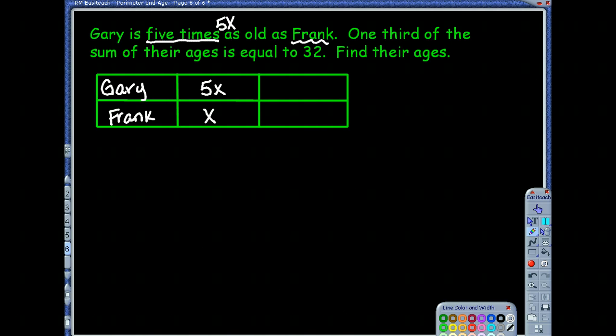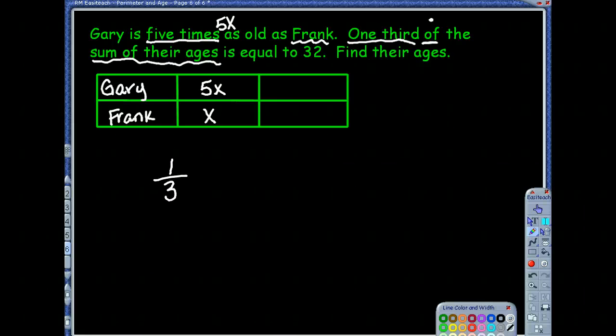Now the next sentence is our equation, it's putting the stuff together with an equals. Notice it says 1/3. Don't freak out, yes we have a fraction. 1/3 of, that's our keyword to multiply, so times the sum of their ages. We want to add their ages, and we're doing 1/3 times that sum.